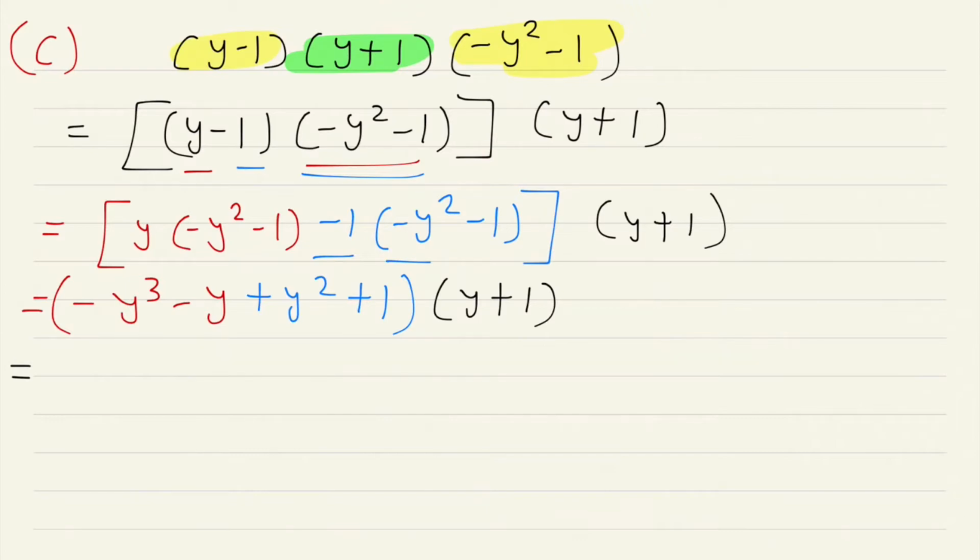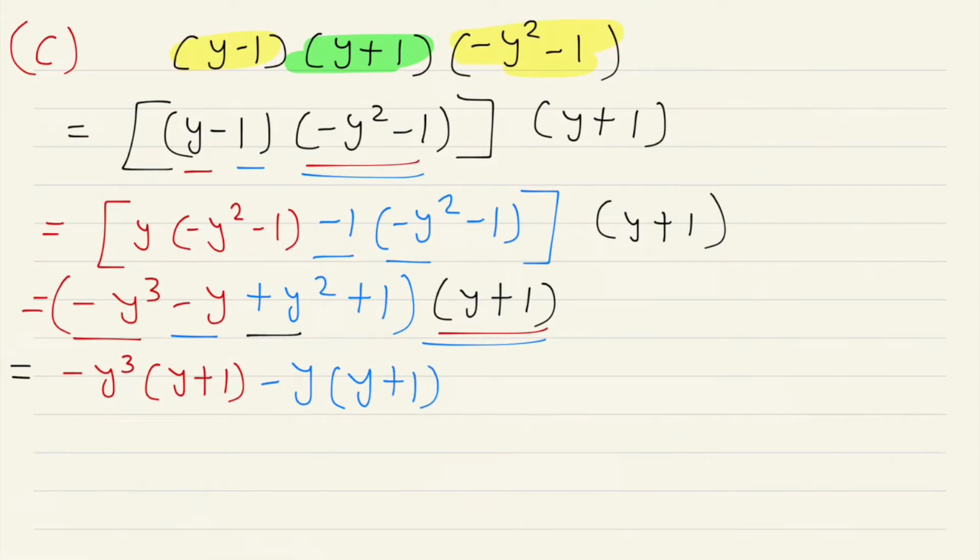So that's minus y cubed times y plus 1, minus y times y plus 1, plus y squared times y plus 1, plus 1 times y plus 1.